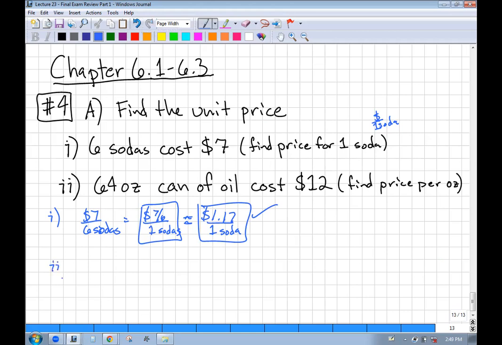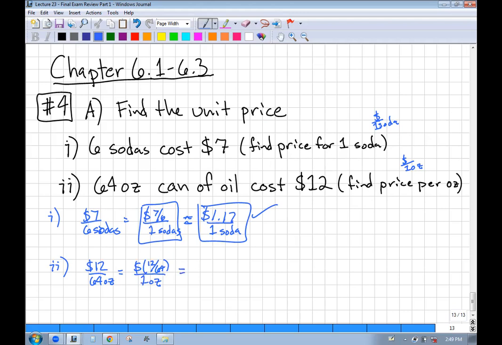And then part 2. We need to find the price per ounce. So we're looking for dollars per 1 ounce. Looking at the units, I know I have $12 per 64 ounces. So basically, here's our dollar symbol. This is 12 out of 64 per 1 ounce.